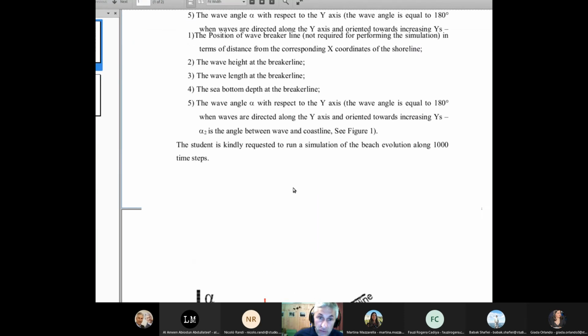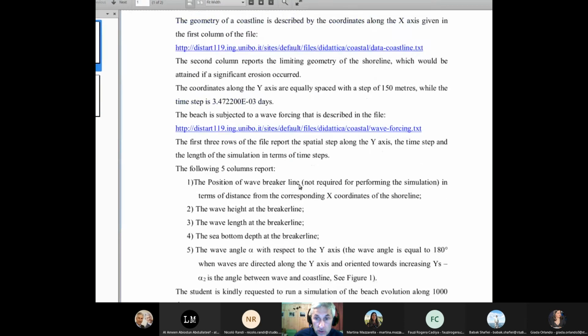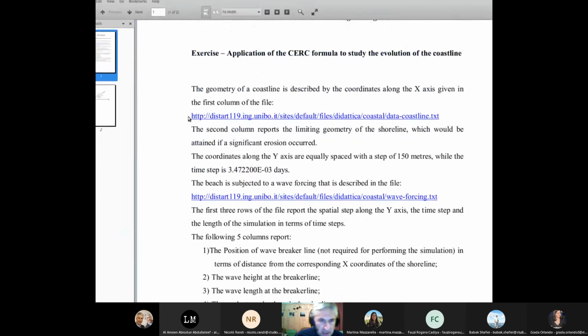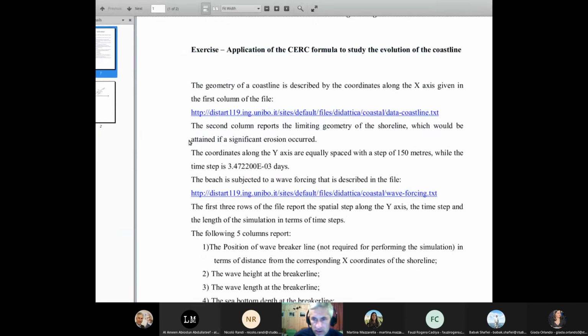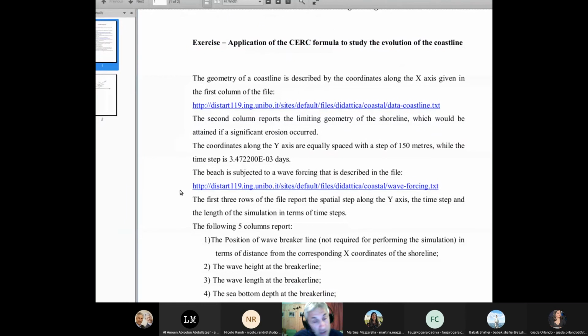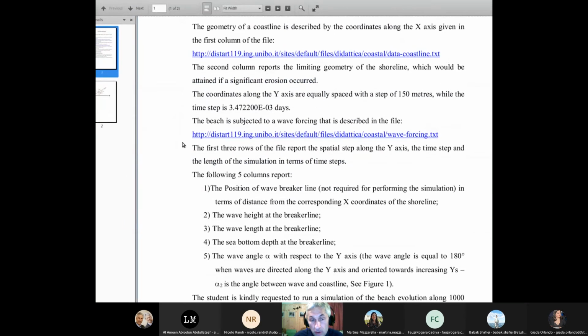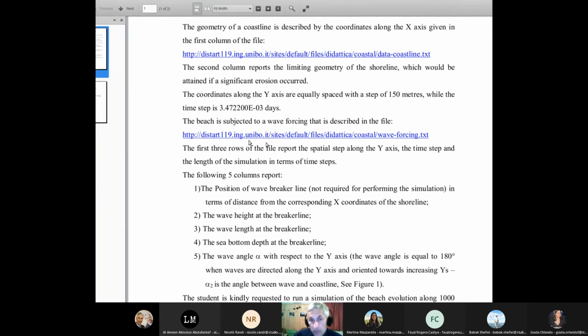Just an information which I think is useful. The wave forcing, so the geometry of the beach, is just fiction. I just invented it. The wave forcing is not fiction. I went on the website of a coastal monitoring agency in the United States, and I got a sample file.